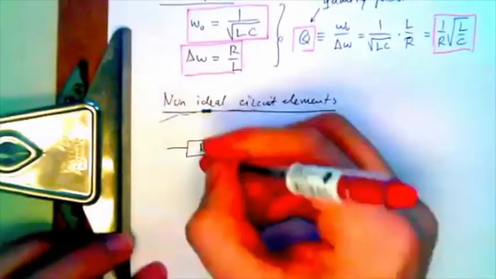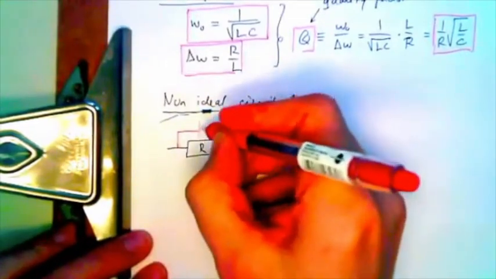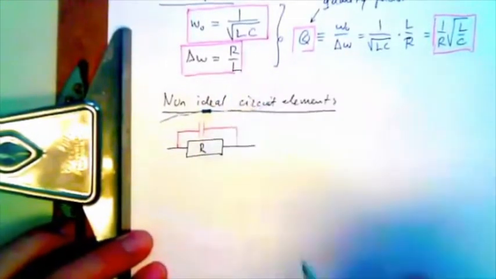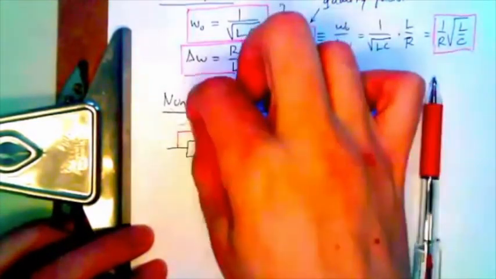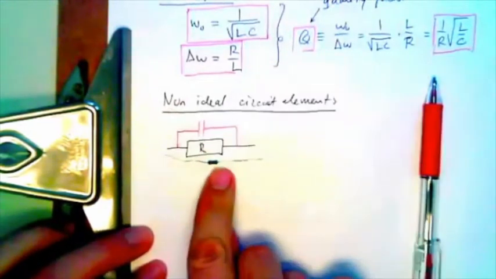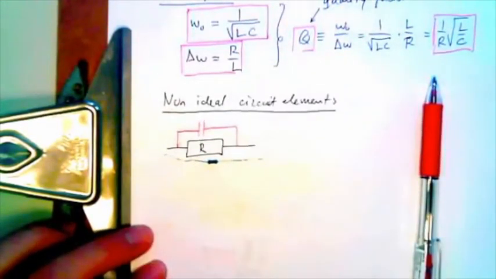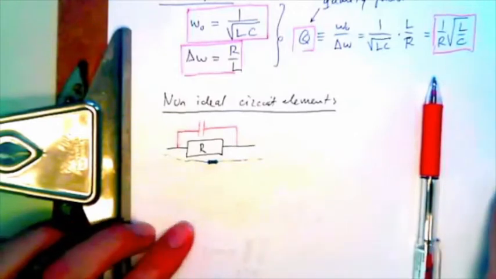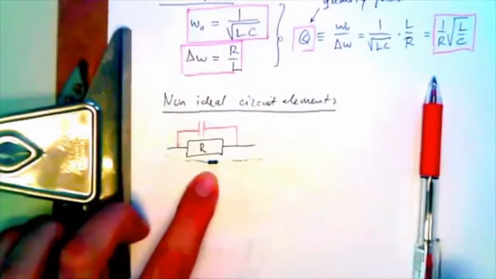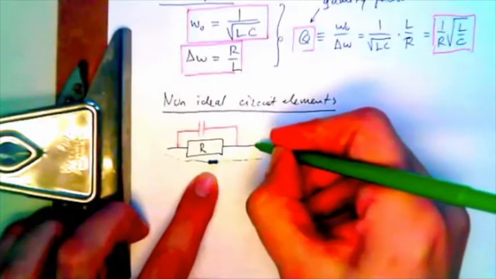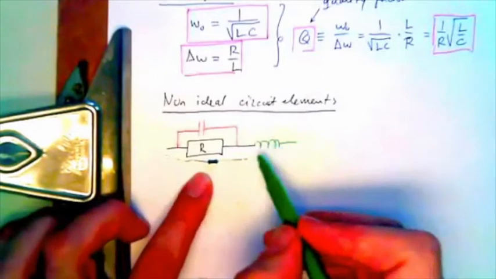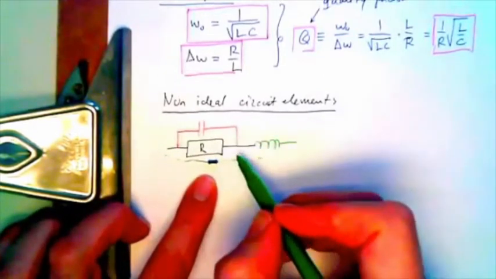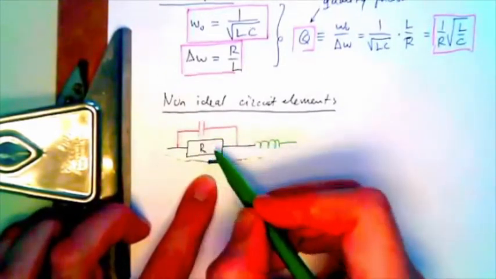So this resistor has a capacitor in parallel. And these wires that are going to the resistor also have an inductance. So there's actually an inductance here as well. And you could put it on one side, put it on the other side. Sometimes people will put the inductor underneath the capacitor, sometimes out.